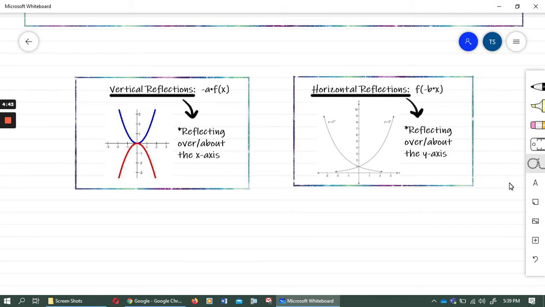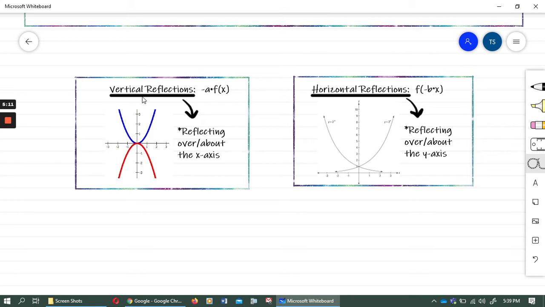We said that a vertical reflection, when we're using this function notation, is a reflection over or about the x-axis.